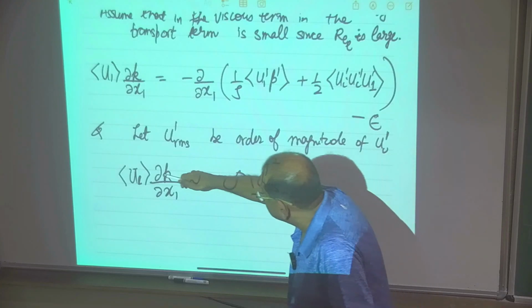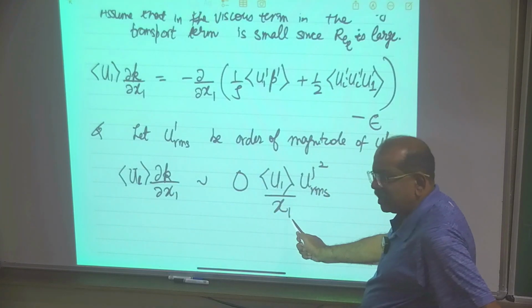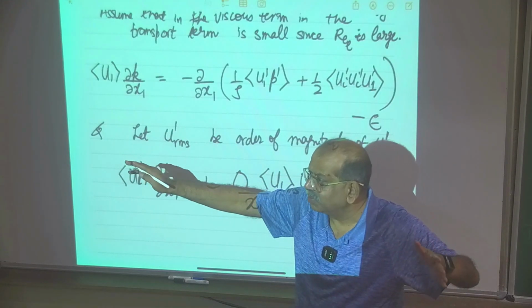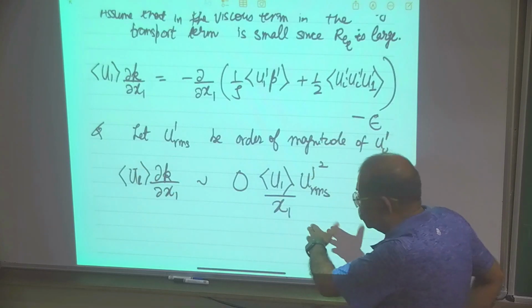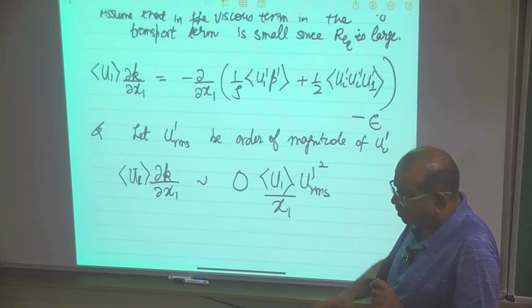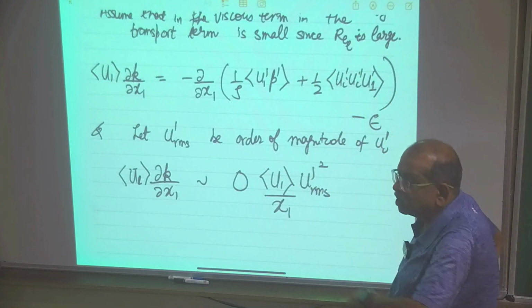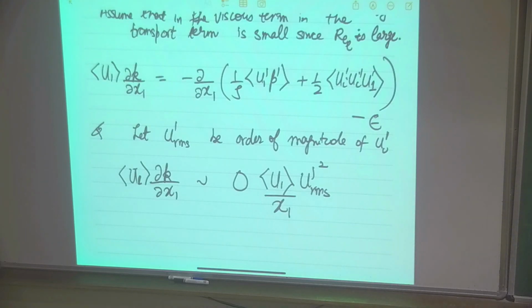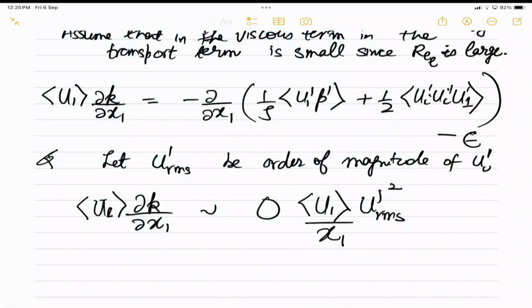So wherever the x1 derivative comes, I have taken it as x1, maybe I can call it some other L equal to length of the wind tunnel. I will keep it as x1, keeping in mind that in order of estimates x1 will be constant, but of course, if it is in an equation, then we will integrate.